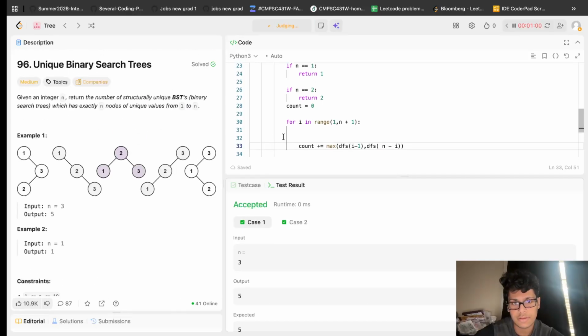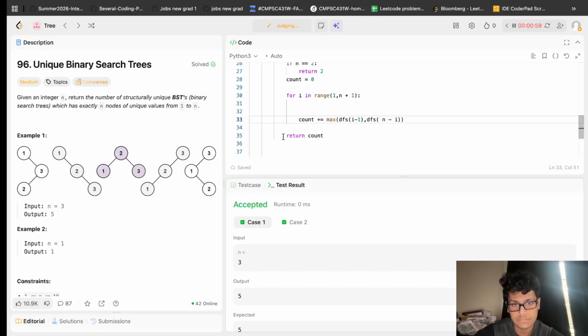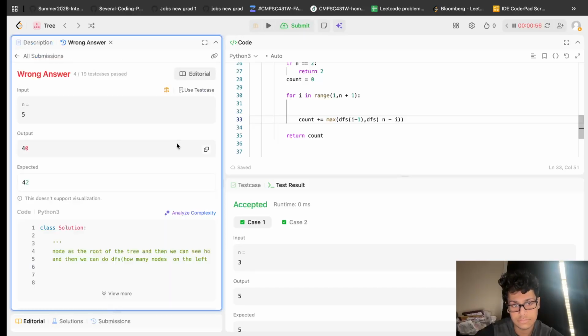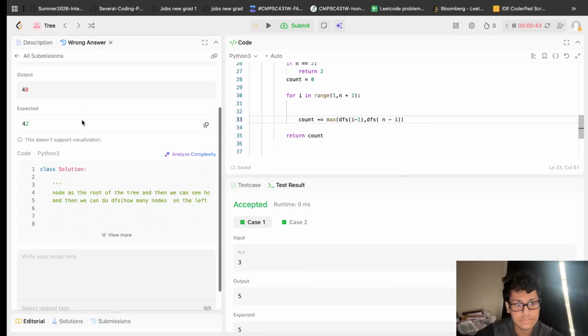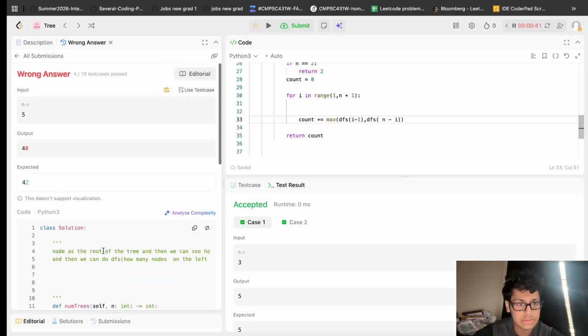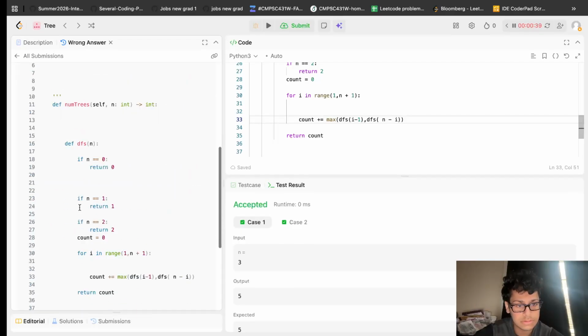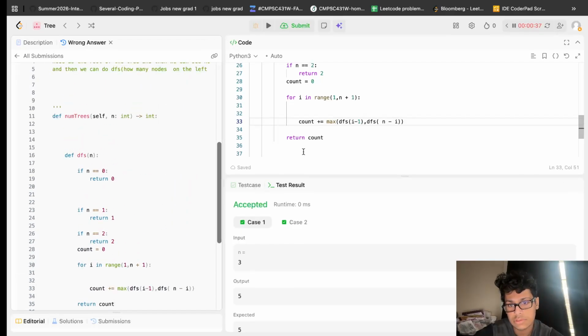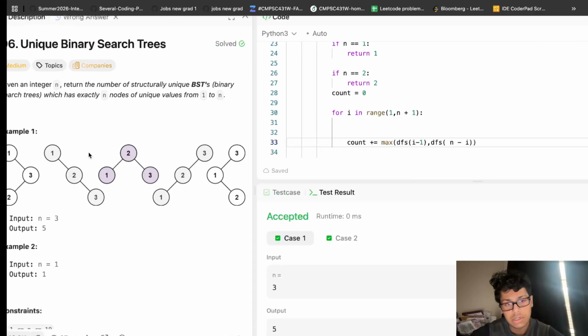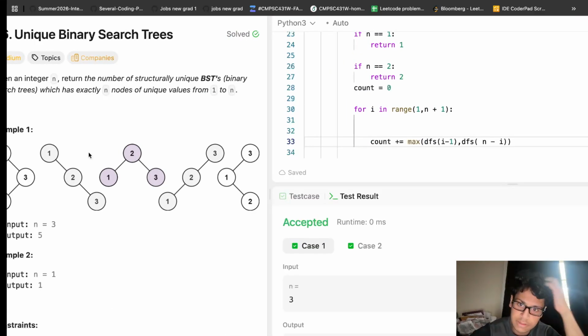Good, I think we're going to get TLE. No, we're just going to get a wrong answer. Great. Oh, my bad. Well, what is it based on? Is it based on the max or?